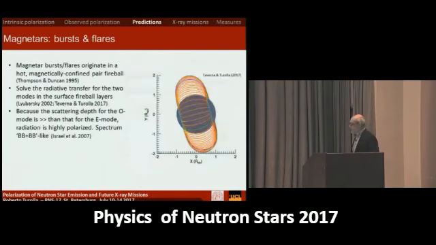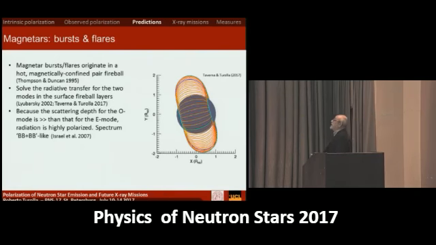Just a few words, because Roberto Taverna, who is talking just after me, will concentrate on the polarization of radiation coming from bursts and flares, which are emitted from magnetar sources. Magnetar sources emit different types of bursts, from normal bursts to hyper-energetic giant flares.